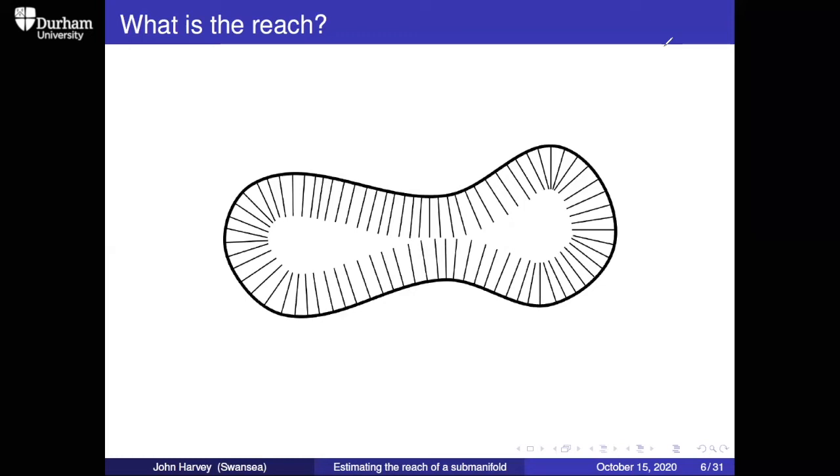And as I make them longer and longer, the fringe starts to tangle up. Okay? The ends of the vectors start to come across each other here. Or here we've got vectors coming from this side are starting to meet up with the ones coming from this side. And this picture is sort of the definition of the reach.